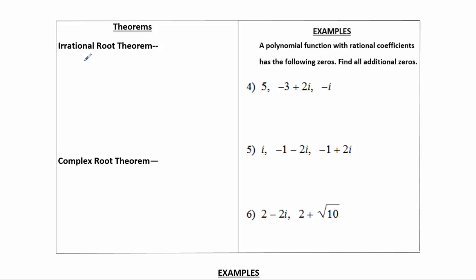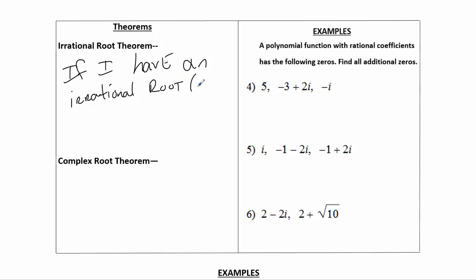So the irrational root theorem, what that means is that if I have an irrational root, okay, remember irrational roots contain square roots. So I will say square root of 2 is just an irrational root. It could be square root of 58. It could be 1 plus the square root of 7. Okay, it doesn't really matter. So let's do that one. 1 plus the square root of 7 is also irrational because it has a square root in there.